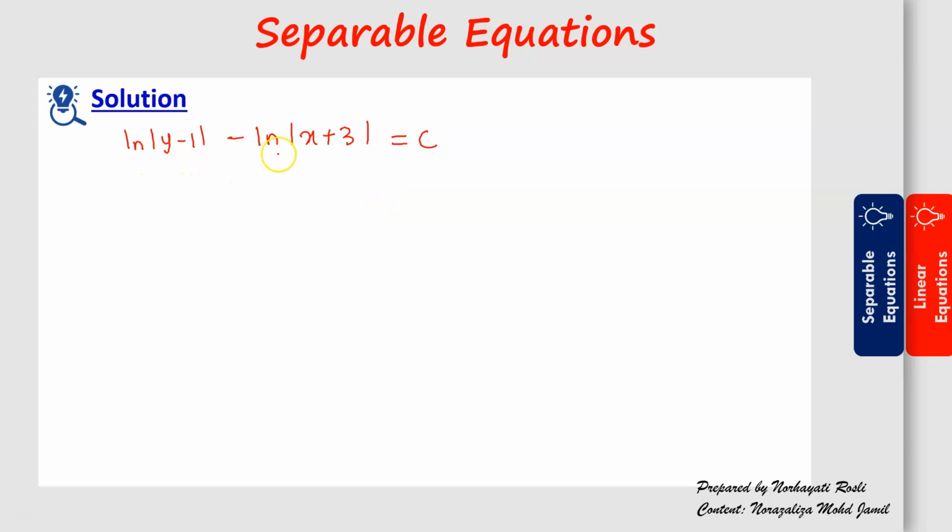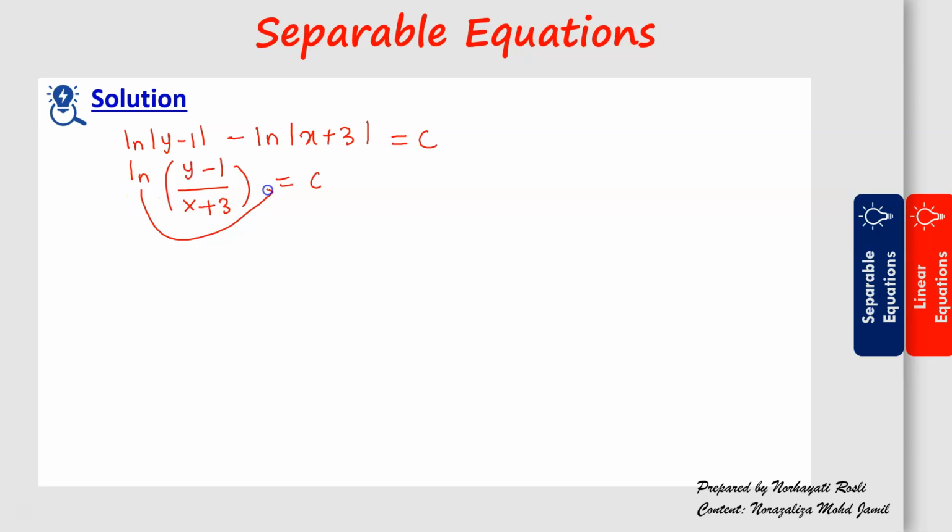And then remember the law of logarithm: when this one is minus, we can write it in terms of division. So we will have ln of (y minus 1) divided by (x plus 3) equal to c. And then class, remember previously we have the same pattern of solution like this.